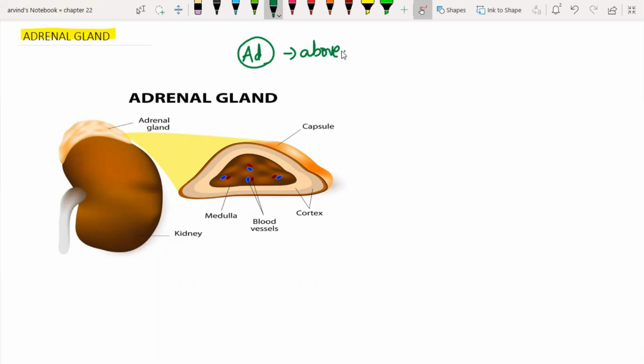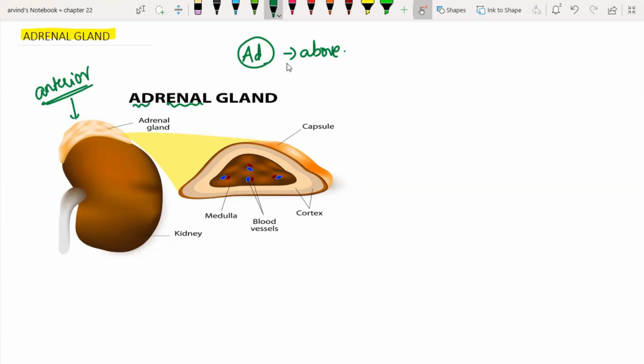So ad means above. So adrenal means above renal, this gland is located above the kidney. It is on the anterior side, which means the front aspect of your kidney. So above the kidney on the anterior aspect is the location of adrenal gland.